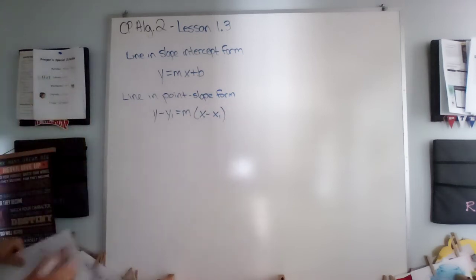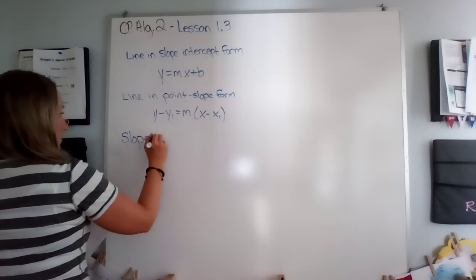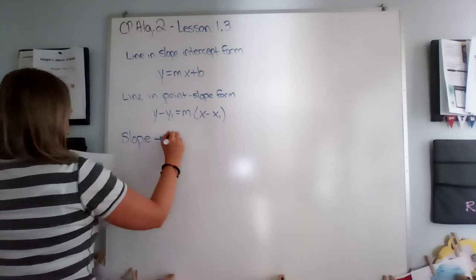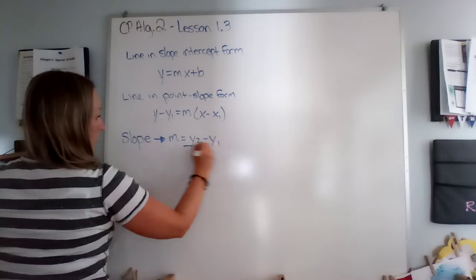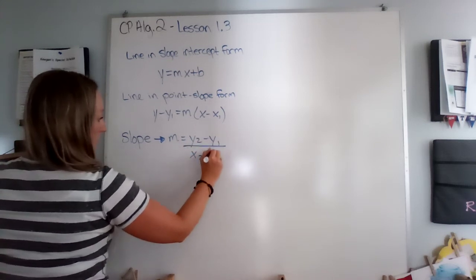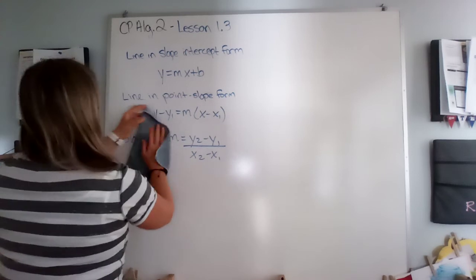And if we're trying to calculate the slope of 2 points, it's the change in y over the change in x. Rise over run. Okay? So those are all important things to remember from Algebra 1 that we'll be using in the lesson today. Okay? So let me erase again.